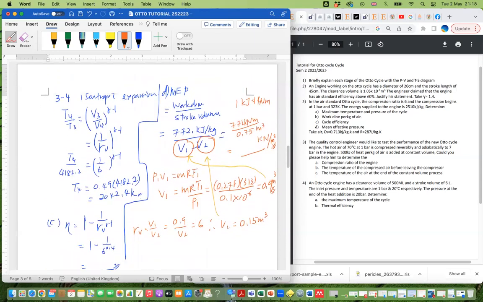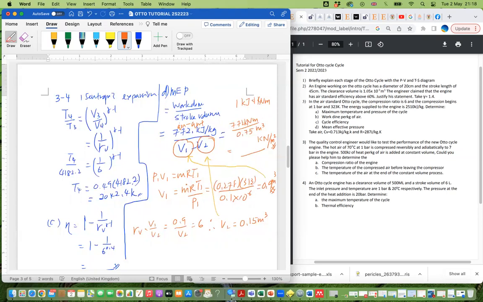So we move to D. D is the mean effective pressure. Mean effective pressure is the work done over the stroke volume. We have found the work done, which is Q in minus Q out, and then we need to divide by V1 minus V2, but we don't have V1. So we can use P1V1 equals mRT.